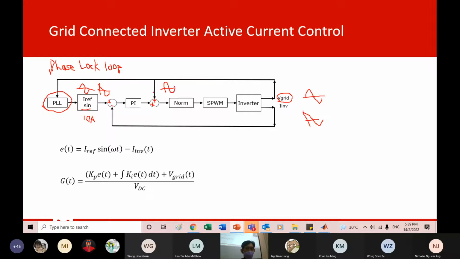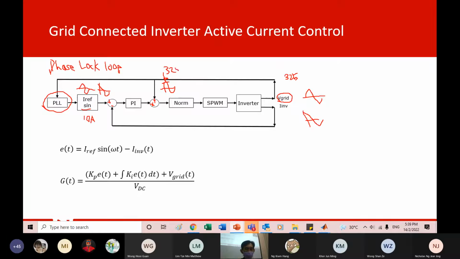And then norm. What is norm? Norm is the normalization, because let's say the grid's peak voltage is 325, right? The peak. So we need to normalize it.